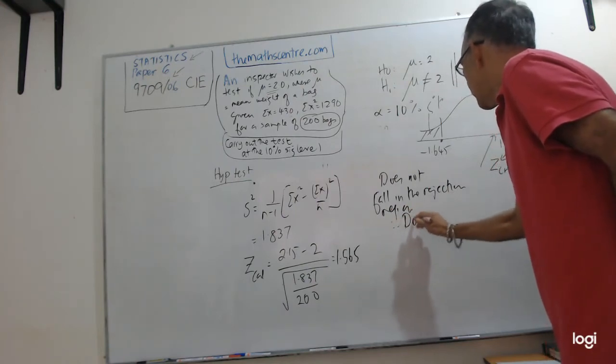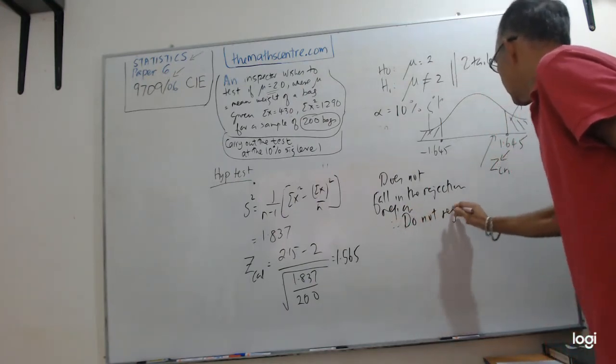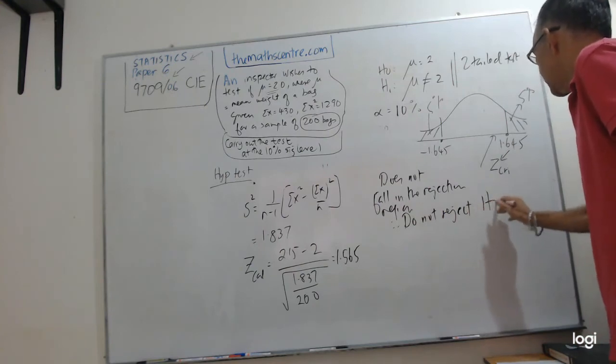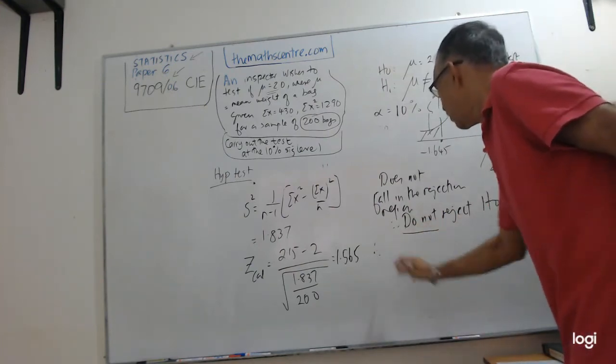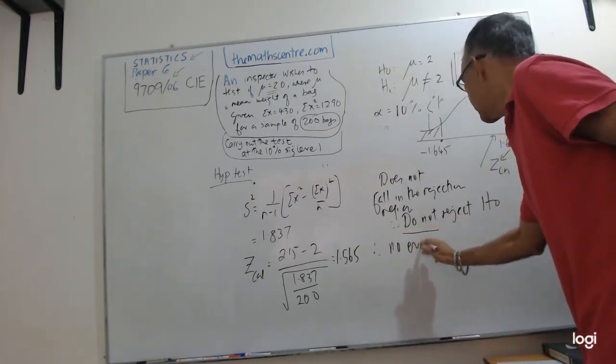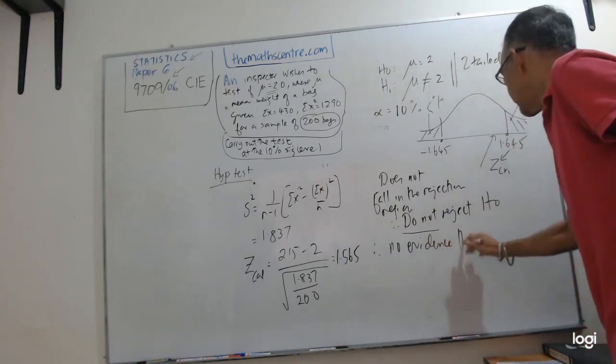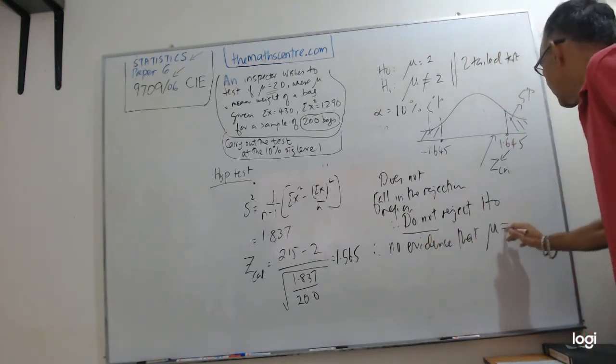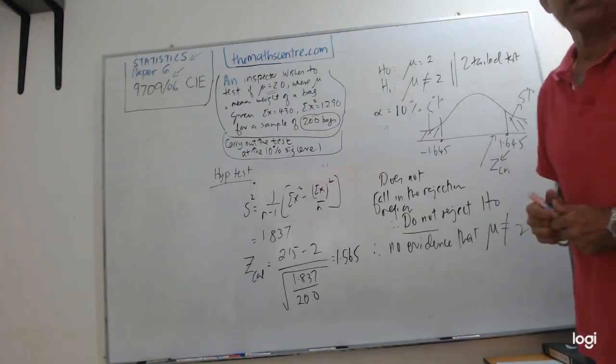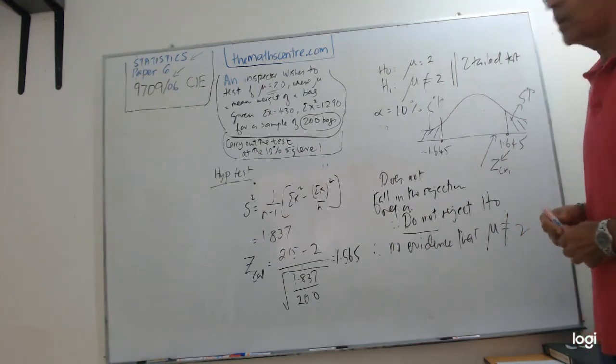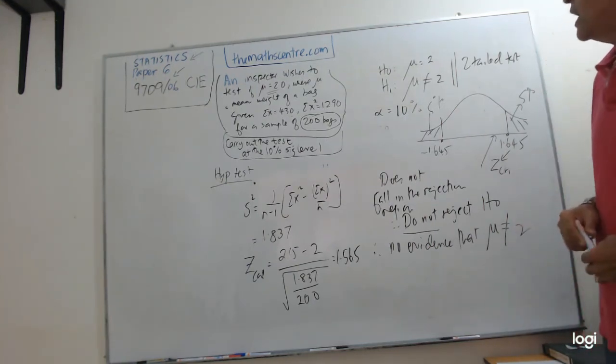Therefore, do not reject H0. Conclusion: there's no evidence that mu is not equal to 2. So do not reject H0. That's the end of the problem.